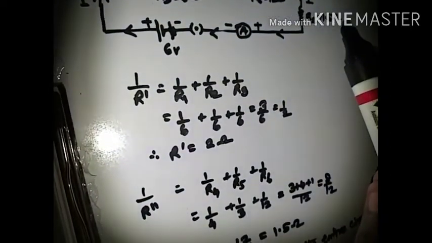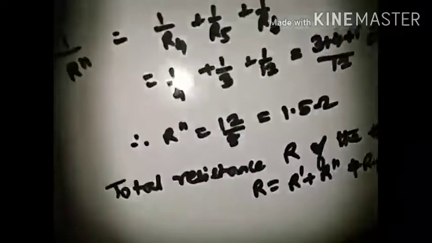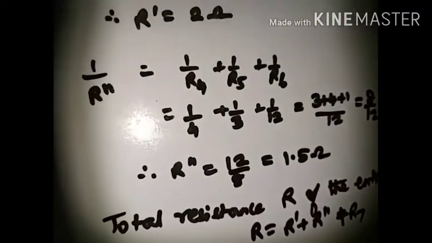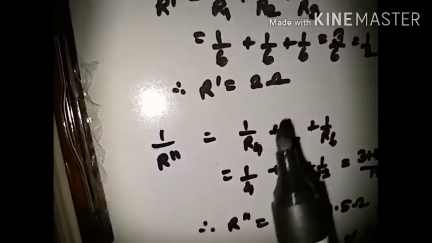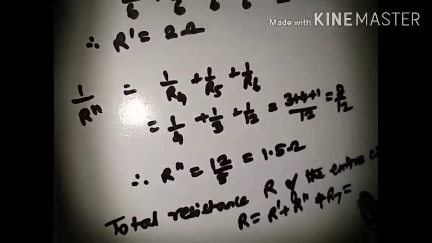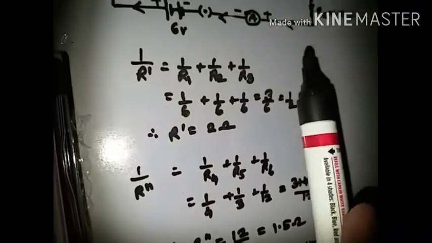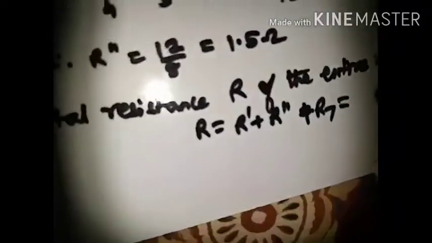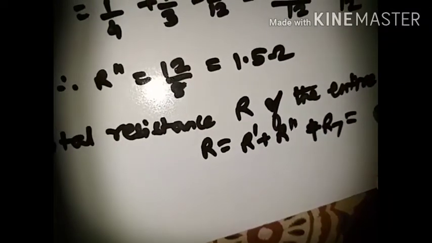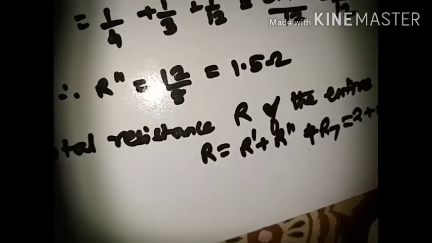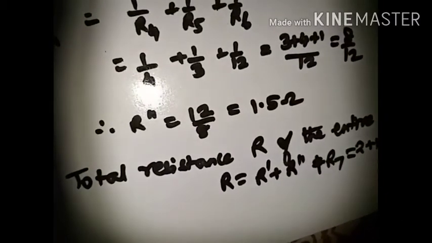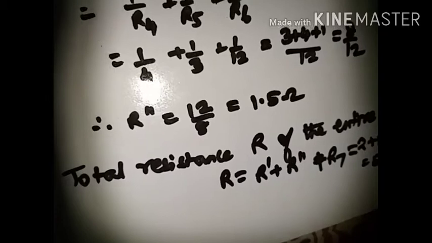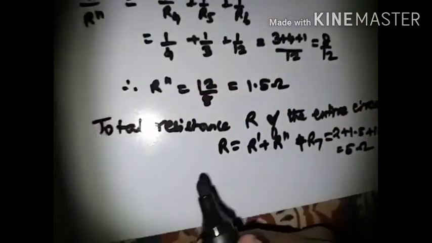Let us substitute the values. On taking the values of R dash as 2 ohm, R double dash as 1.5 ohms and R7 as 1.5 ohms, 2 plus 1.5 plus 1.5 gives you 5 ohms. So that is the equivalent resistance of the circuit.